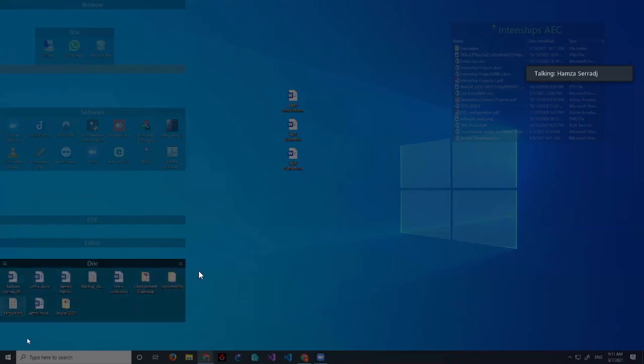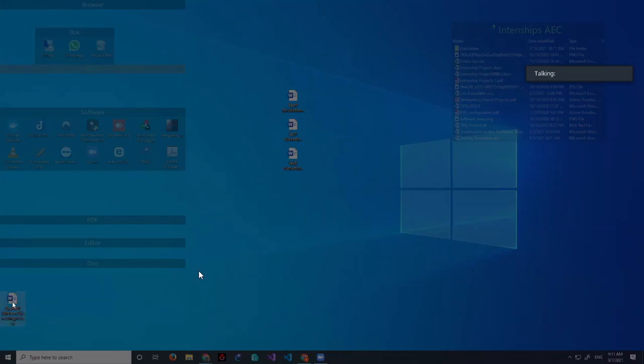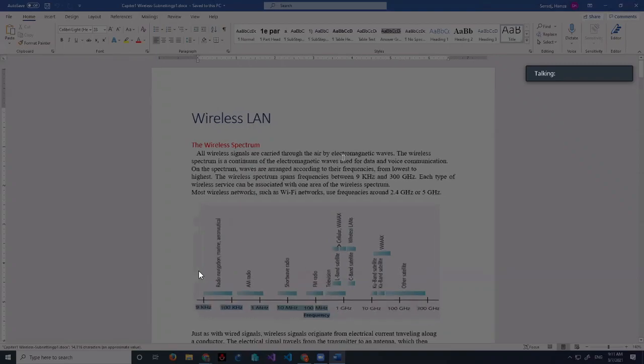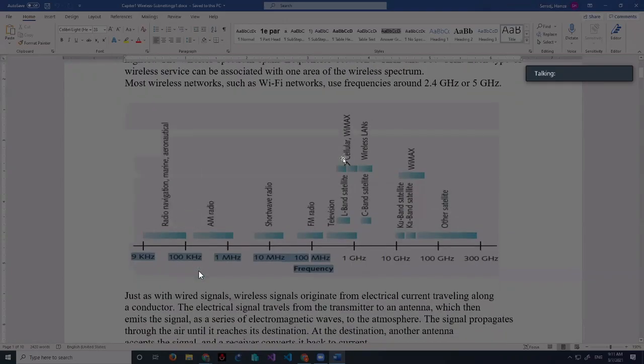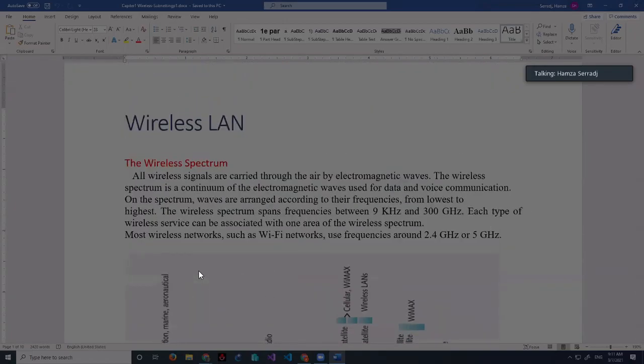We find this document here. All right, we're gonna talk about wireless. I did put 3 documents in correction exercises for the corrections that we did together, right?